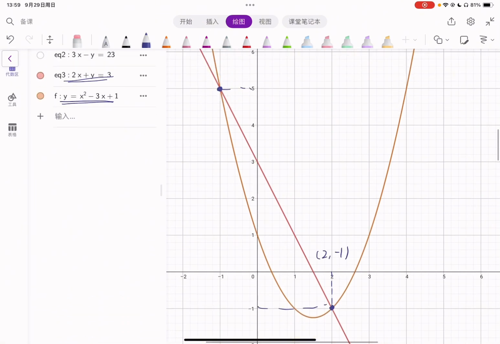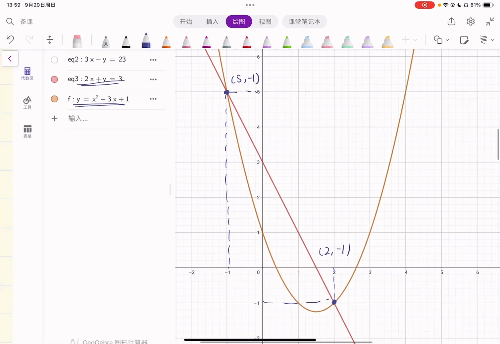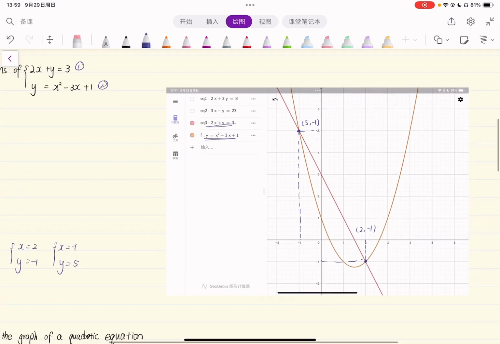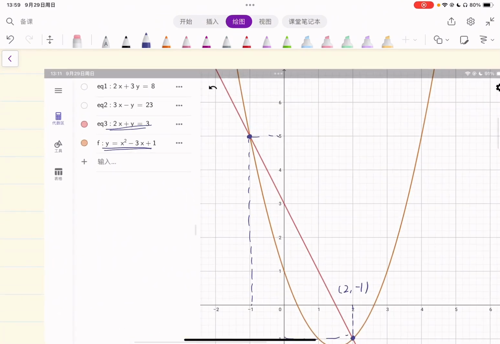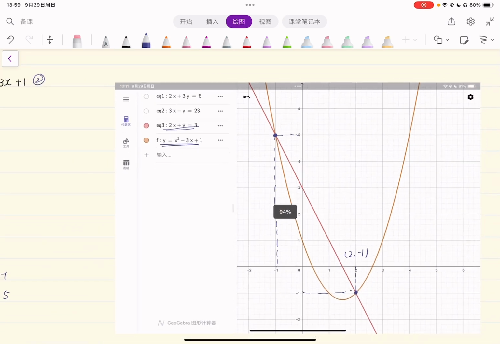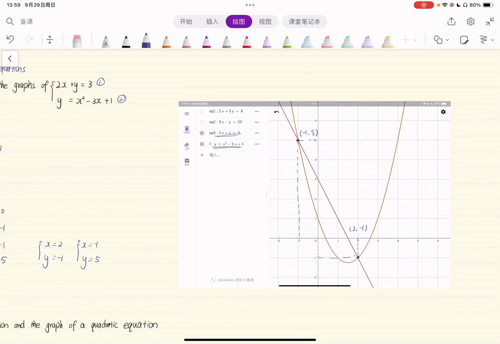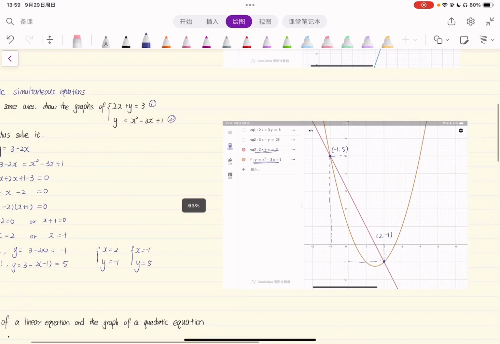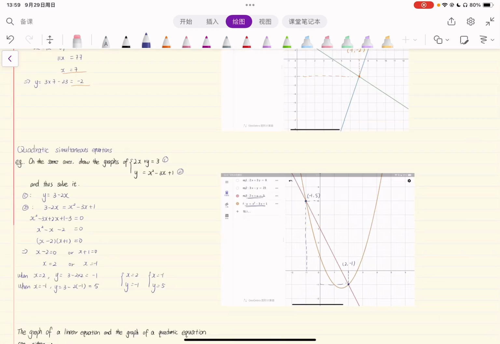And another one is (-1, 5). Is it the same as our answer? It is the same. So we see that the intersection points are the solutions of the simultaneous equations.